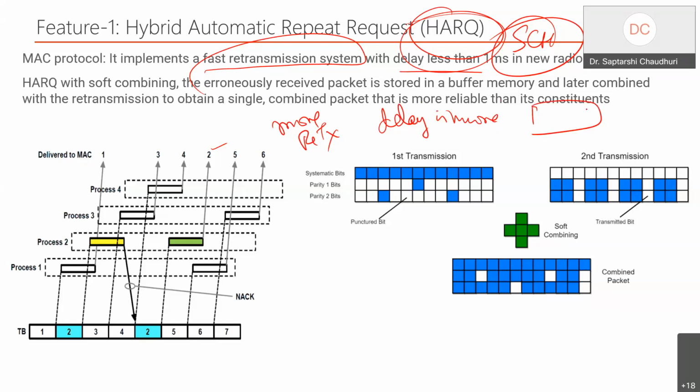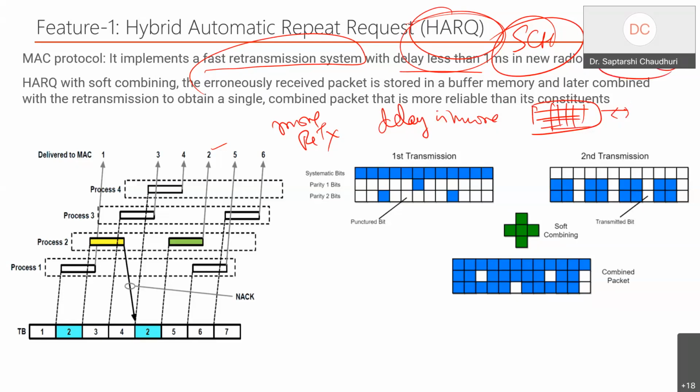Suppose this is the packet that you want to transmit, and more retransmission happens, so more delay happens. It may also happen that at some point the hybrid ARQ fails and then ARQ starts, and that also can fail. All these failure scenarios we need to handle.